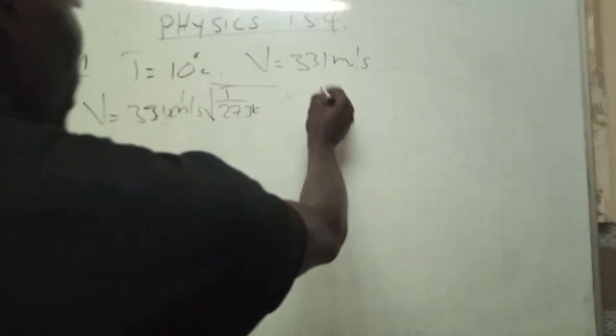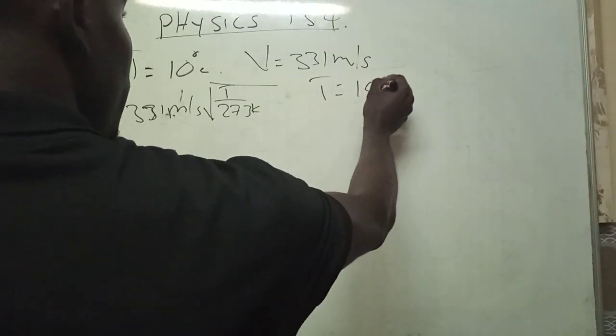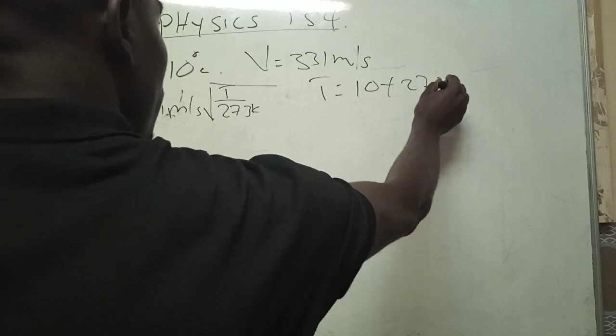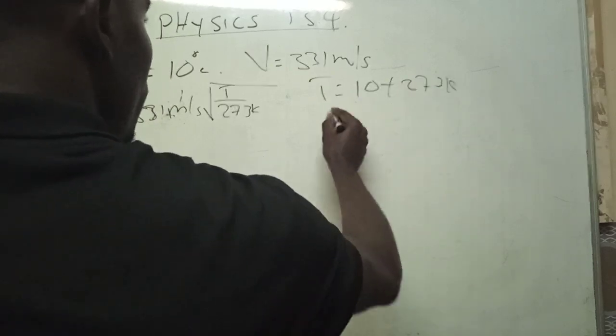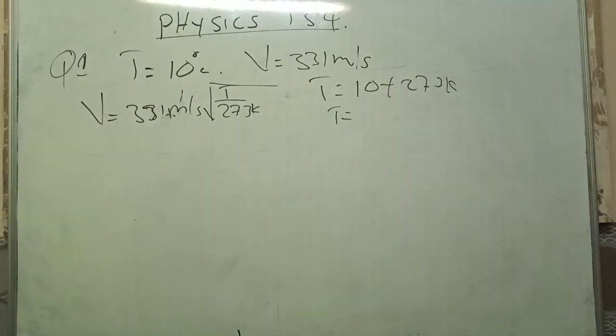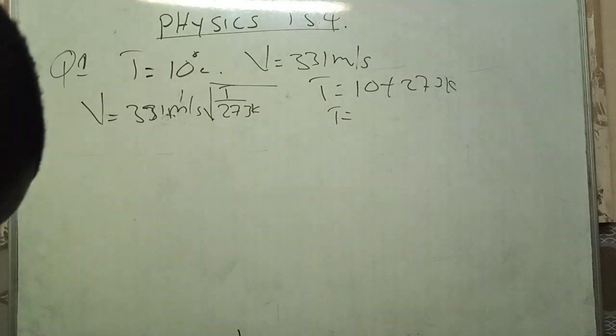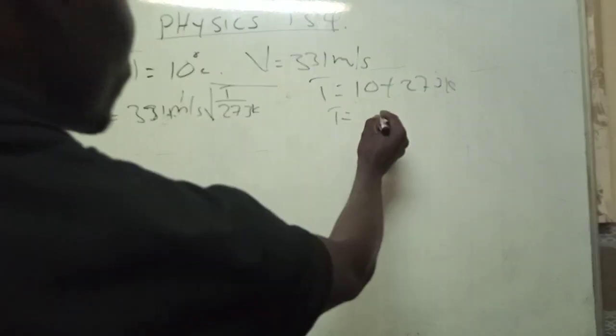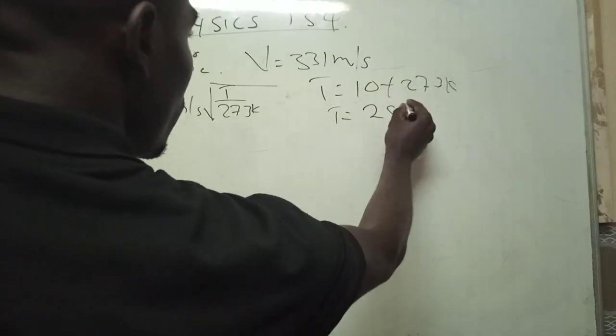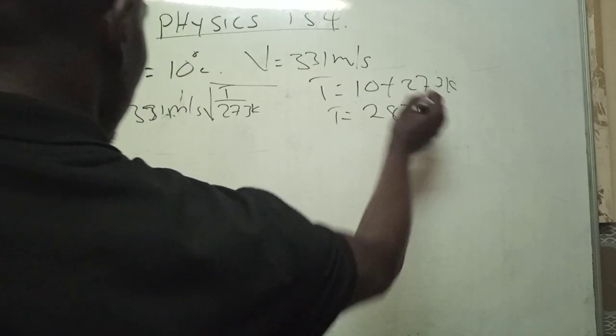So we are going to say the absolute temperature is equal to 10 plus 273 Kelvin. So the temperature which we are supposed to use there is 283 Kelvin.